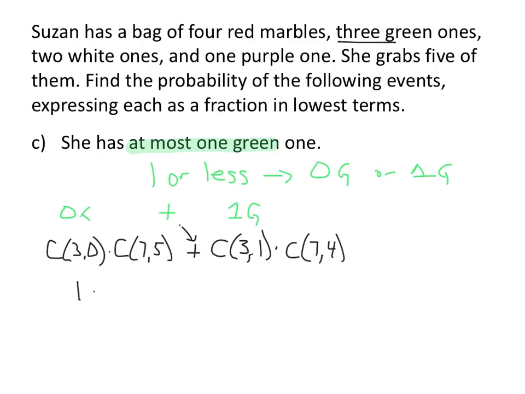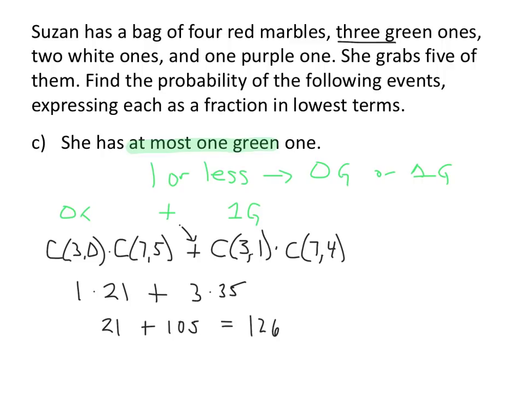The combinations of 7 things taken 5 at a time, well, let me see, 7 times 6, 7 times 3, that must be 21. Combinations of 3 things taken 1 at a time, that's 3. The combinations of 7 things taken 4 at a time is 35. 21 plus 105 equals 126.